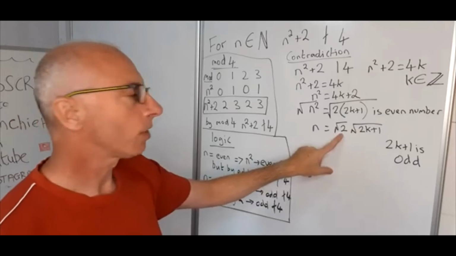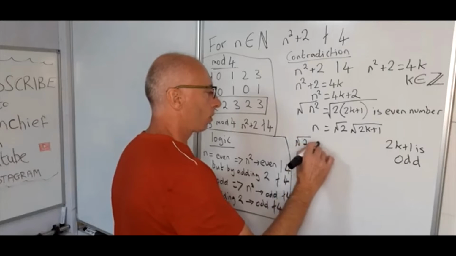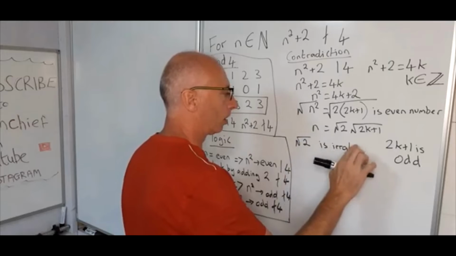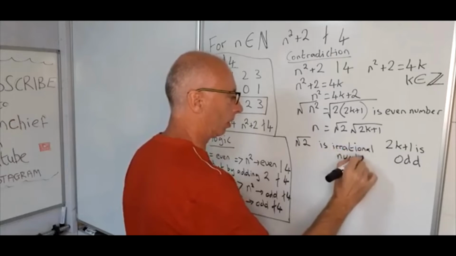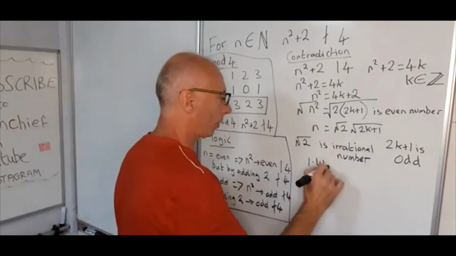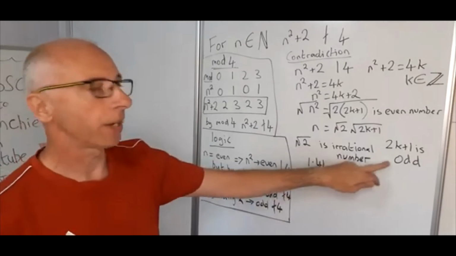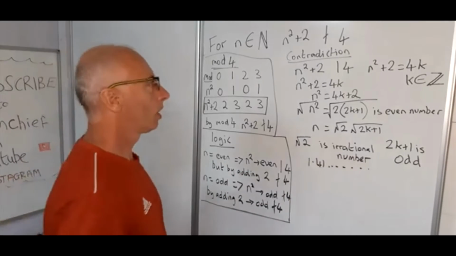But then the problem is here is the square root of 2. So the square root of 2 is an irrational number. So this is like 1.41 and goes on and on and on. So whatever you multiply this number by, an odd number, this will not be divisible by 4.